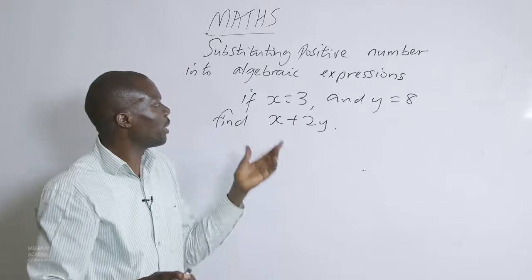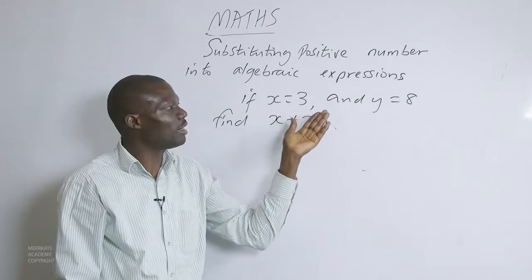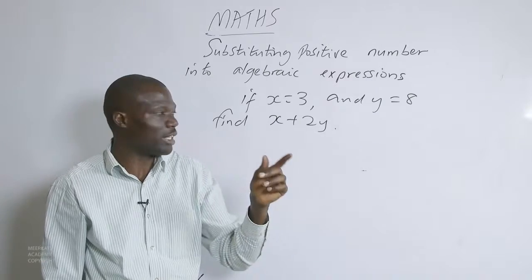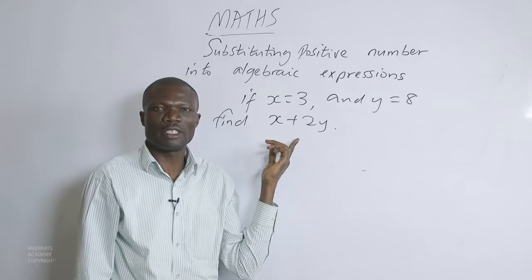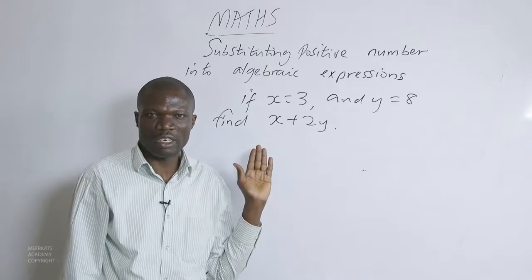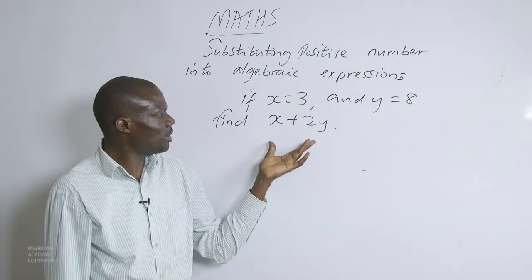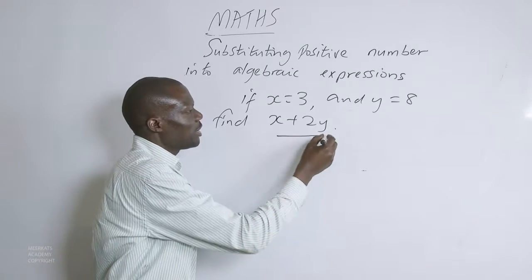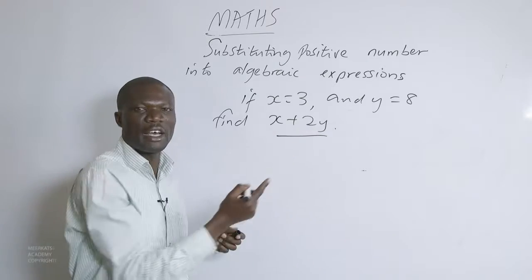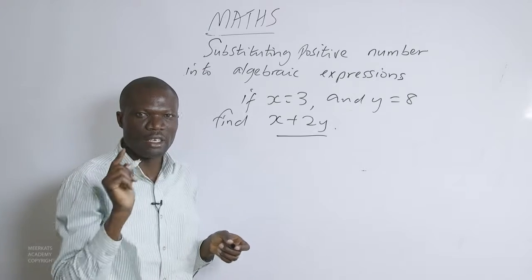Now, here we are. If x is equal to 3 and y is equal to 8, find x plus 2y. You'll notice that this is an expression, but the pronumerals here have been assigned values.